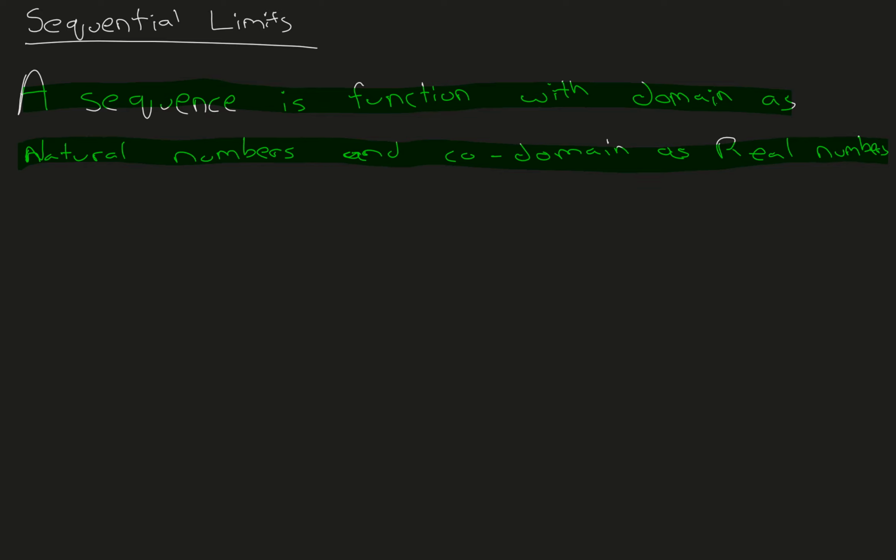If you guys remember the Archimedean principle that we did in a previous video, that principle is really helpful for us in sequences because it relates natural numbers and real numbers, and we need that for the limits of sequences. So let's take a look at what this actually means.